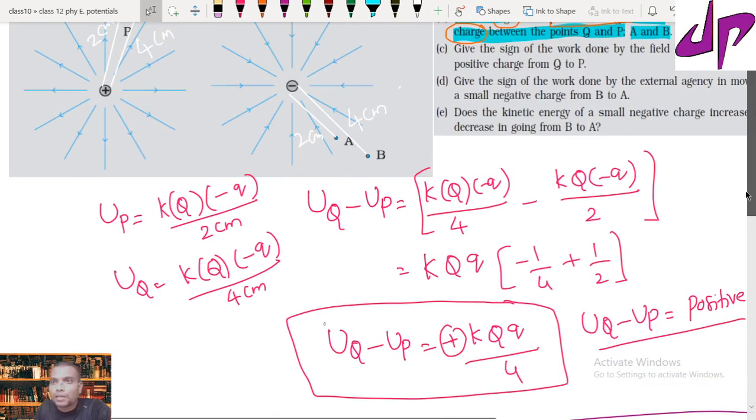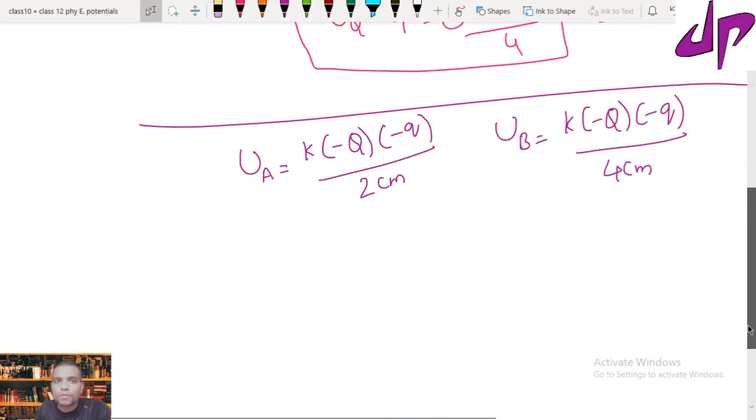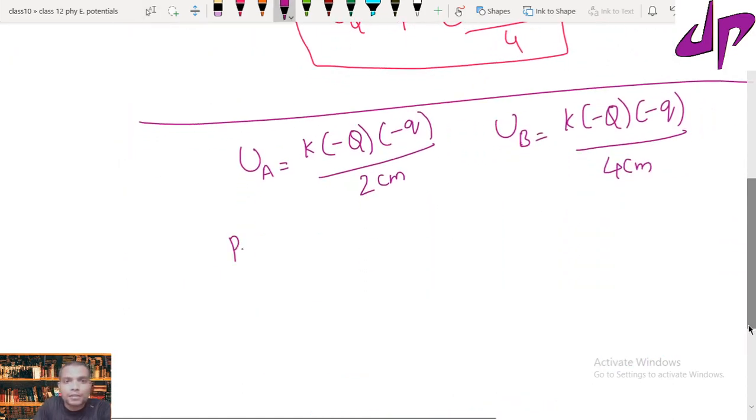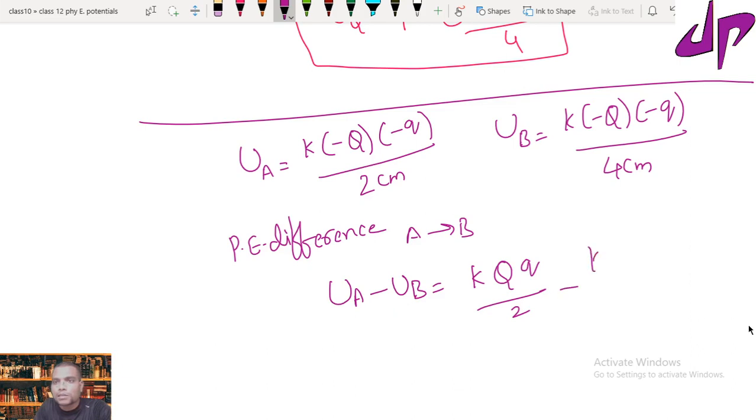Now we need to calculate the sign of the potential energy difference from A to B. So subtract the potential energy at B from the potential energy at A. Minus times minus is plus, so you can write directly KQq upon 2 minus KQq upon 4. Pull the common factor out: Kq times (1 over 2 minus 1 over 4).